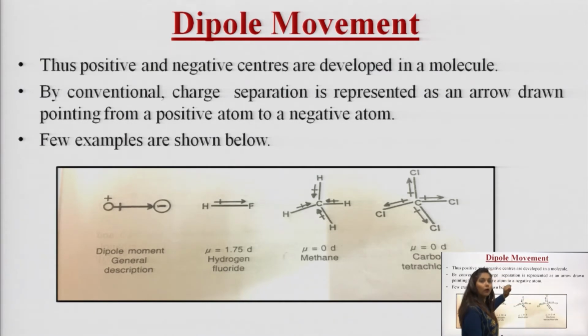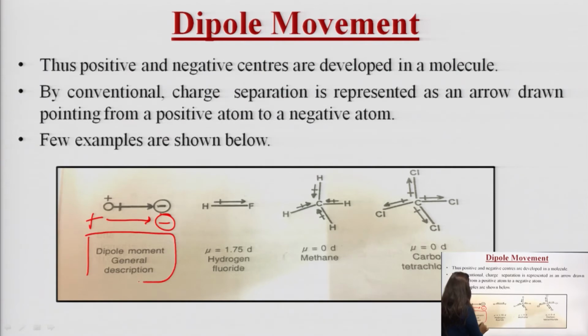Okay, pointing from the positive atom to a negative atom. Here it is the positive atom. Okay, from this positive atom the arrow is drawn towards the negative atom. So this is the dipole moment general description. General description में हम कैसे बताते हैं कि arrow जो है हमारा पॉजिटिव से नेगेटिव की तरफ ड्रॉ किया जाएगा.